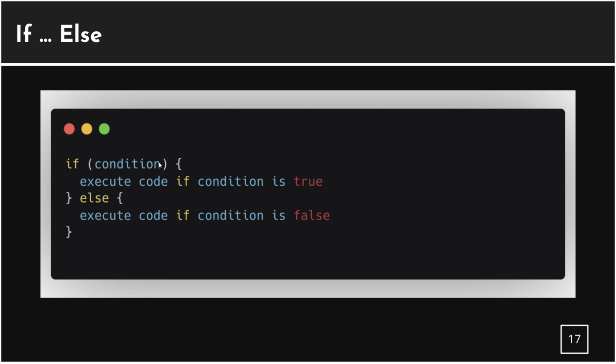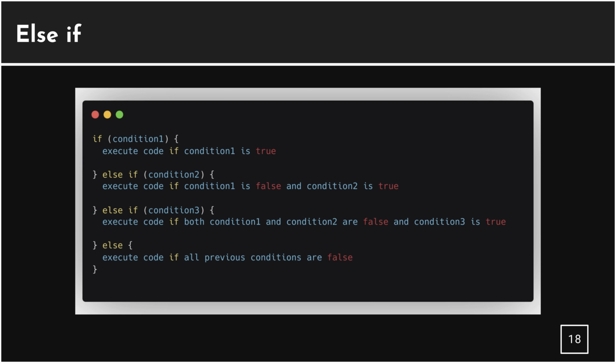If the condition evaluates to false, we skip this one and we only execute the code block inside the curly braces after the else, meaning we execute the code if the condition is false. This is just a way for us to define the set of instructions that will be executed depending on the value that we get from evaluating the condition.